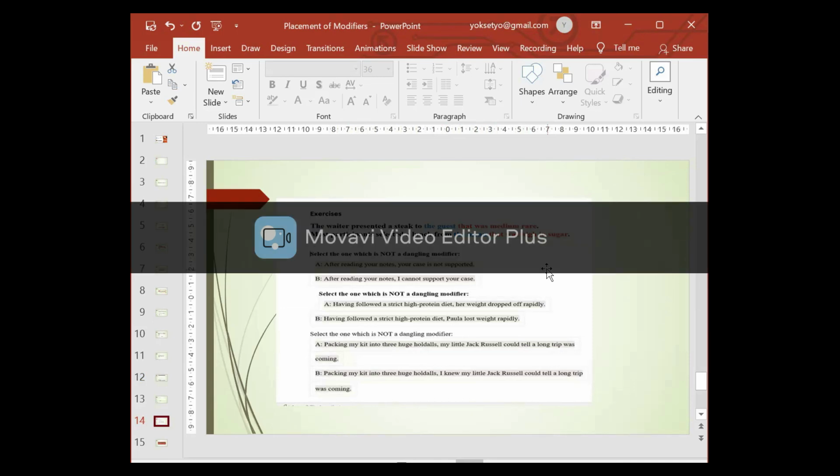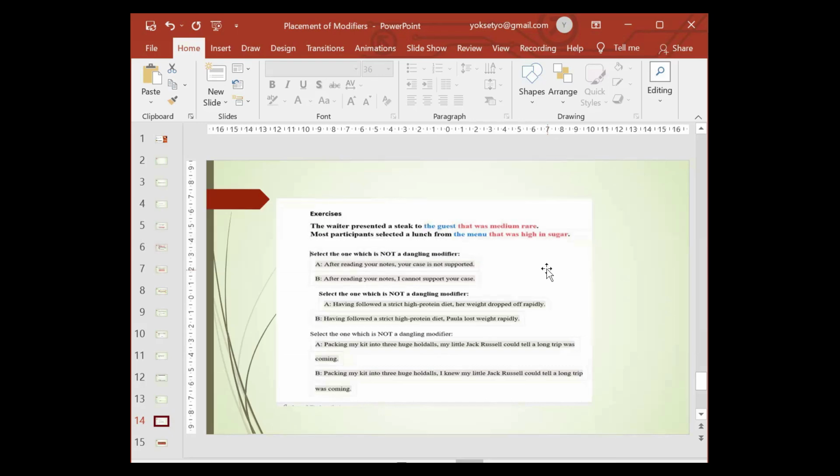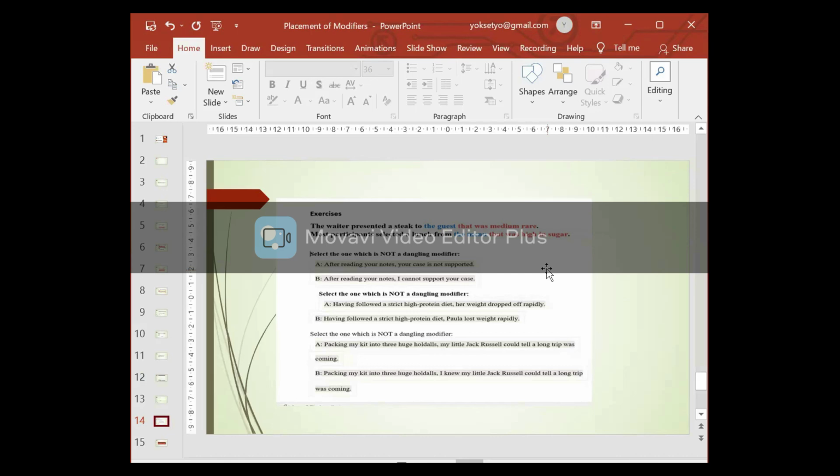So that was medium rare modifies what? Not the guest, but what? Steak. So you have to place medium rare close to steak, right?